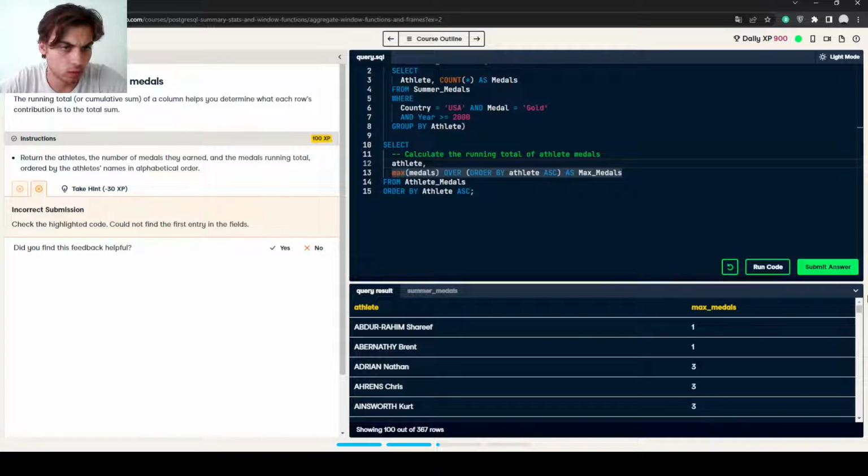Check the high cannot define first entry in the fields.